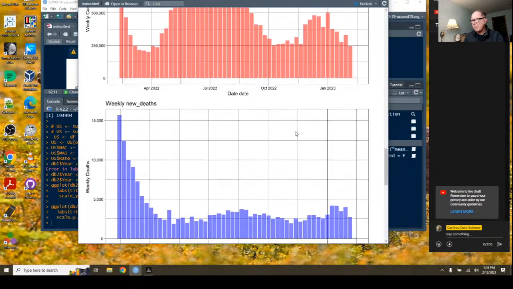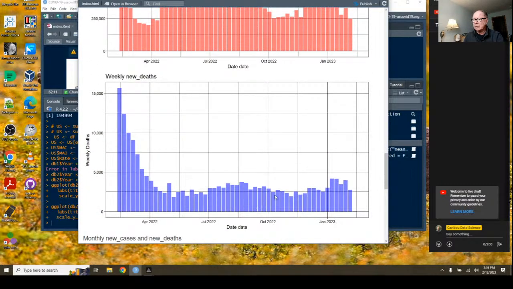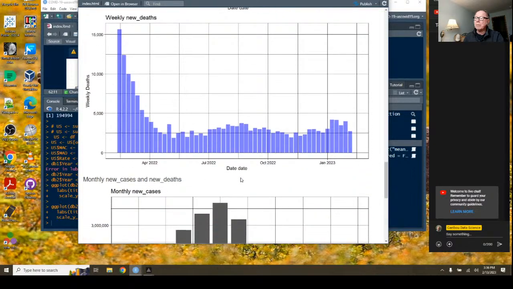Okay? What about deaths? Look how low deaths remain. These are weekly numbers. This is 5,000. This is 25,000. So we're somewhere right around 2,500. Since April last year, we've been right around 2,500 to 3,000 deaths per week. What about monthly?